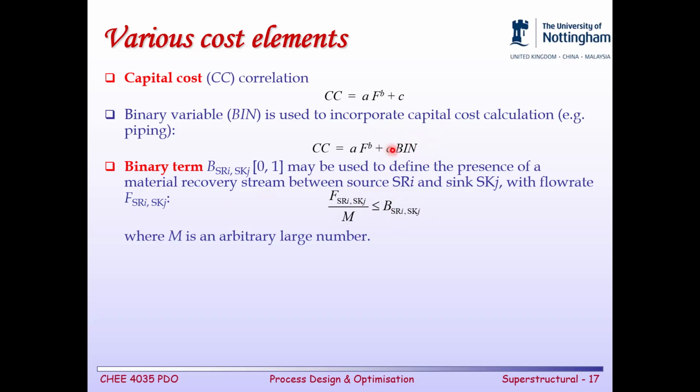Okay, there's a pipe requirement to connect source 1 and sink 1, and therefore that pipe should be included in the capital cost. So I hope that's clear. So if there's a connection, bin would be 1, and automatically this term would be activated, because there's a piping requirement for that flow rate.